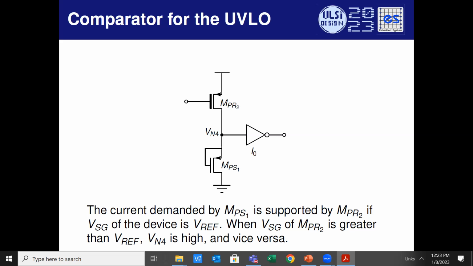If this voltage is a little more than VREF, then I1 is going to be lesser. If this voltage is less than VREF, then I1 is going to be more than I2, and this is going to trip. It's going to trip one way or the other, depending on that. So it's like a built-in comparator against VREF, the band gap voltage.